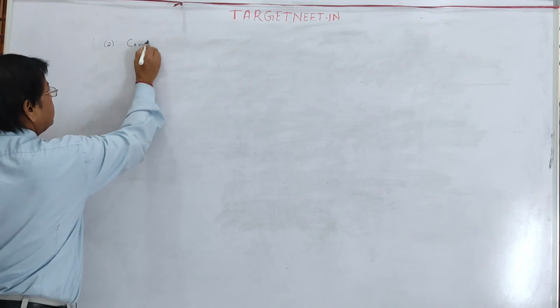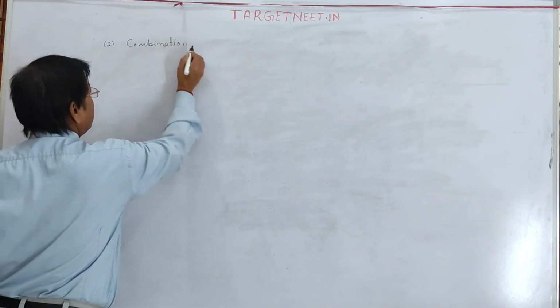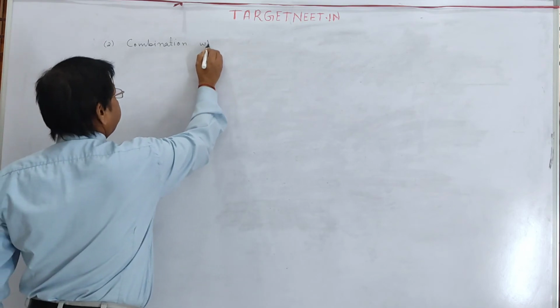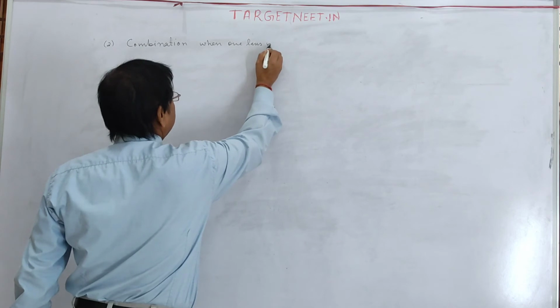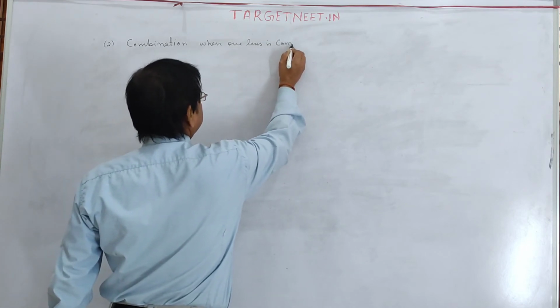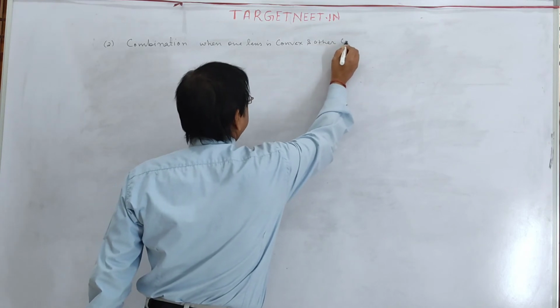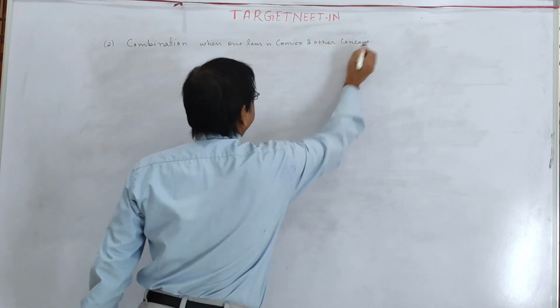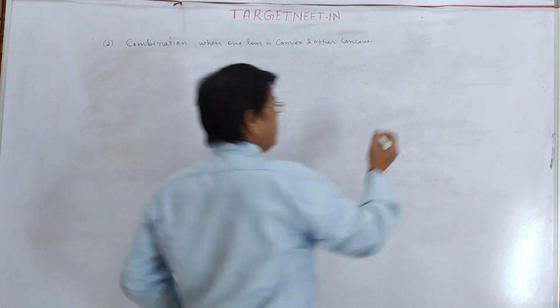Combination of lenses, when one lens is convex and other concave. When one lens is convex and other lens is concave.